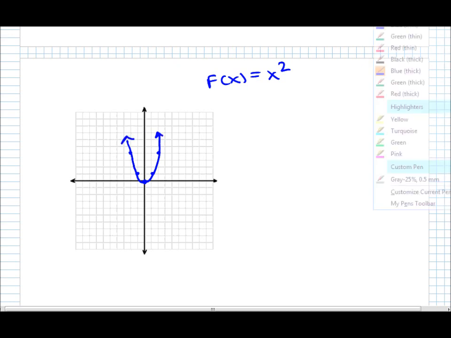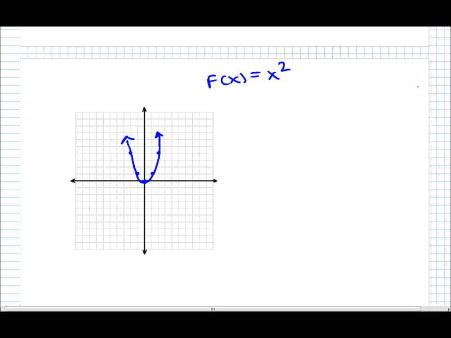What the horizontal line test says is if you can draw a horizontal line and it only intersects once, then you know this graph will have an inverse. If it intersects in more than one point, which this does, that means the function does not have an inverse, because this does not pass the horizontal line test.